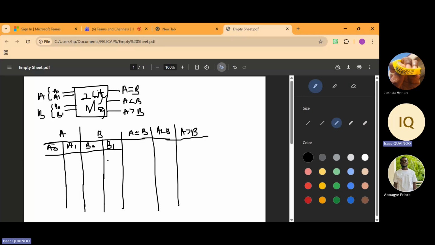Now that we have this, let's look at our input combinations. We have a total of 4 different variables, right? With 4 different variables, how many input combinations are you going to have? Can someone tell us? 4?